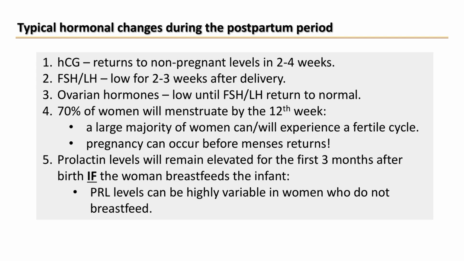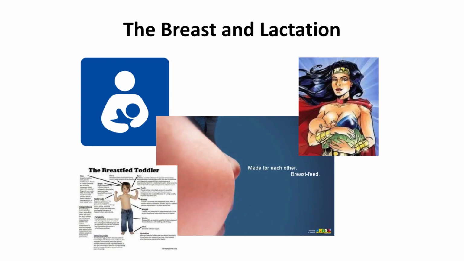However, recognize that if a woman stops breastfeeding, does not breastfeed, or cannot breastfeed, prolactin levels will still decline faster, but they will exhibit higher variability in those women who do not breastfeed, as prolactin levels will decline, but there will be some fluctuation for at least typically the first month.